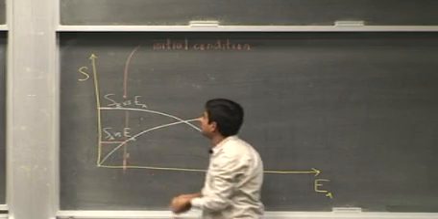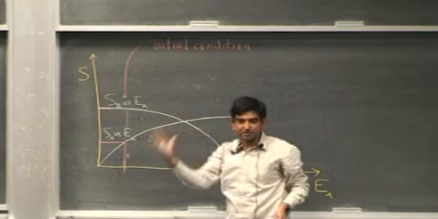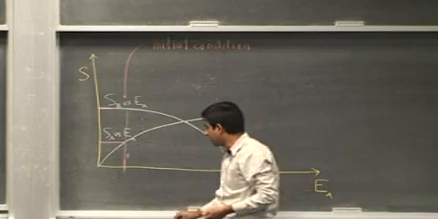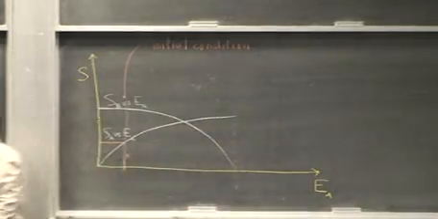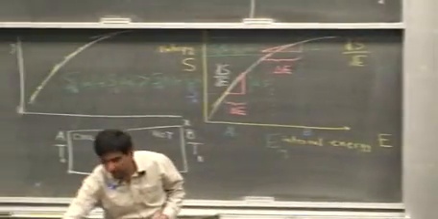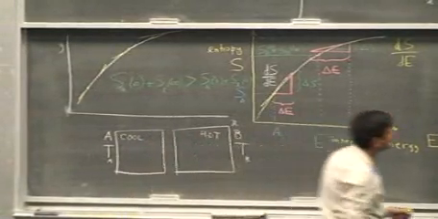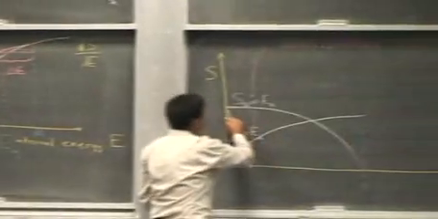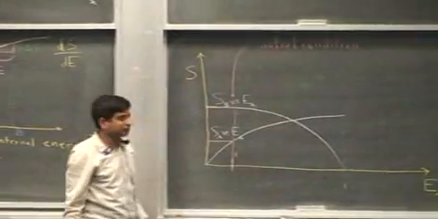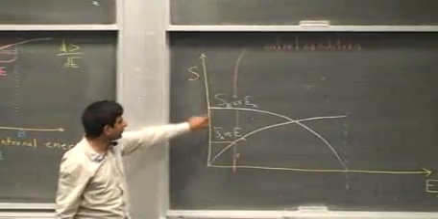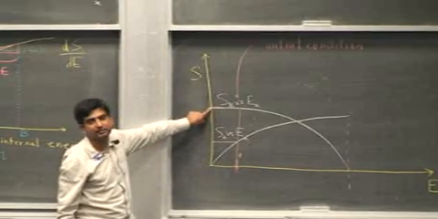Now what I would like to do, I would like to plot the total entropy, which is the sum of the entropies of A and B. So how would I plot that? I will just take the sum of this graph and this graph. So what is the sum going to look like? What will be the value of the sum here?